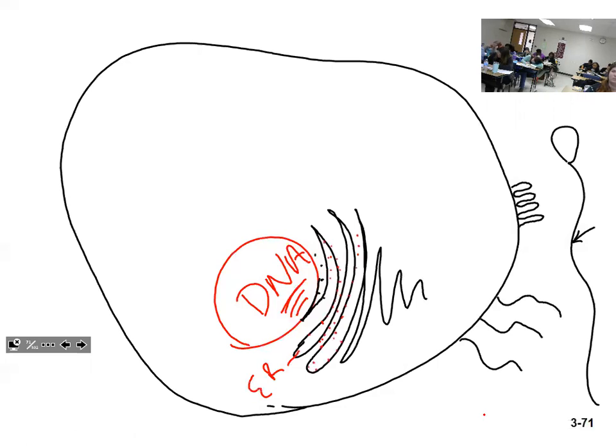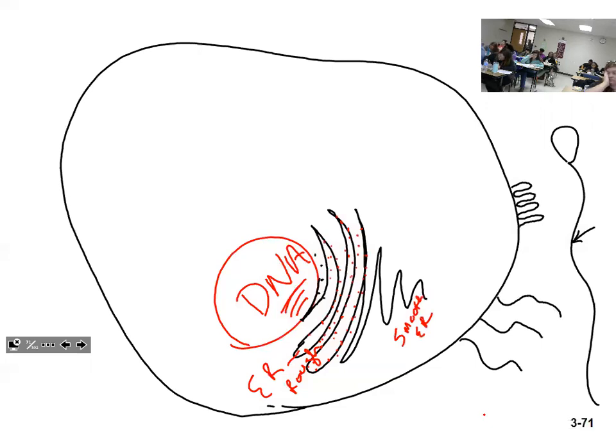So this Endoplasmic Reticulum has a rough part and it has a smooth part, smooth ER. The rough part is called rough because even on electron micrographs, it looks what? Rough. And this part looks smooth.